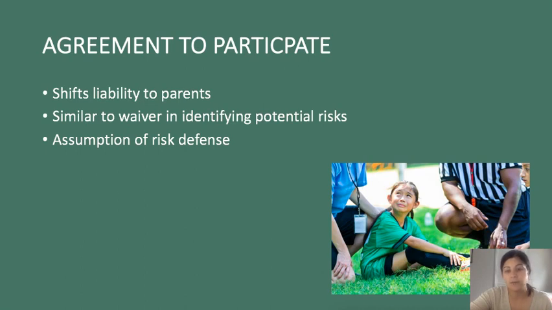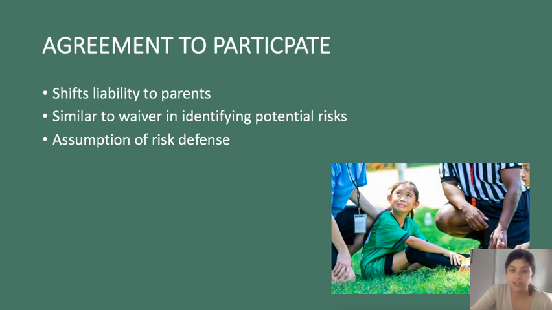So instead of using a legal document like a waiver as a defense in a lawsuit involving a child, now you can say, I'm going to use the assumption of risk defense because I have evidence here that the parent read through this agreement to participate, they acknowledged the potential risks, and they signed it. So that goes back to that concept of assumption of risk.